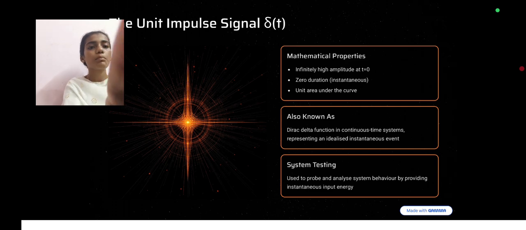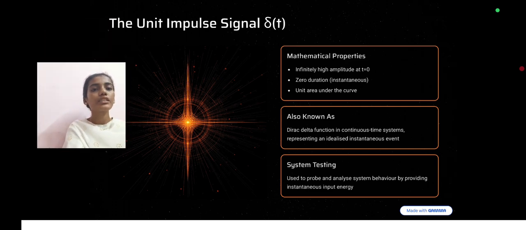The unit impulse signal, delta of t. The mathematical properties of the unit impulse signal are: it has infinitely high amplitude at t equals 0. It has zero duration, being instantaneous.